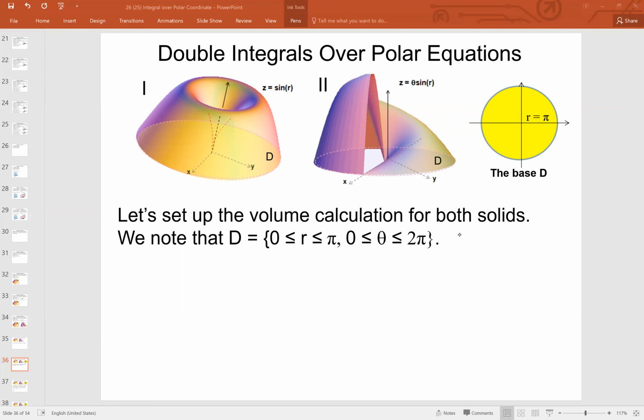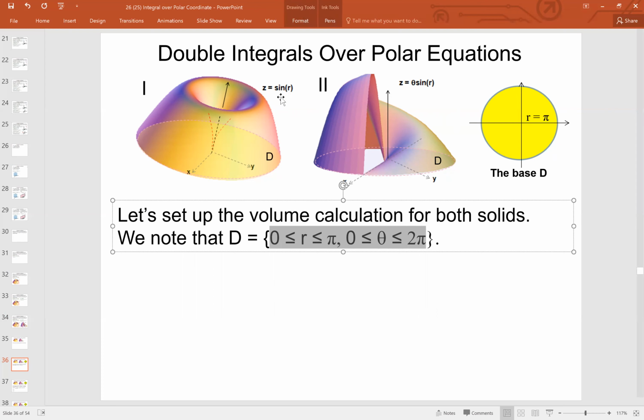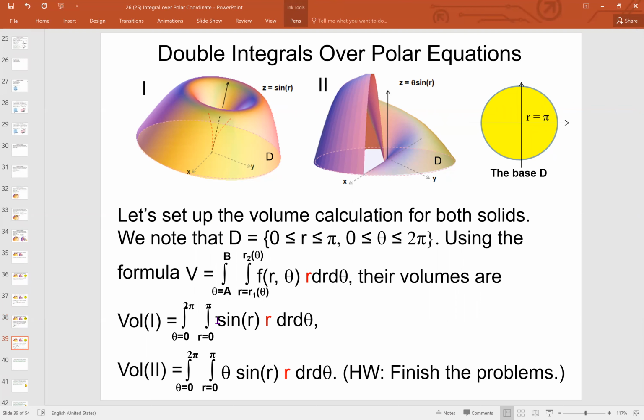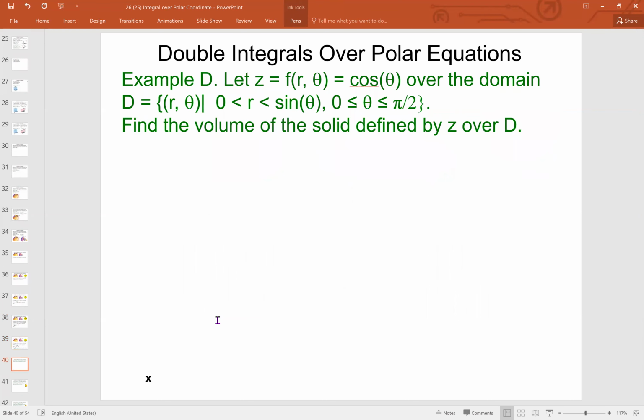And the first integral I can change into this domain, r dr d theta, so it's going to be sine of r integrated over this double integral, and you stick your sine of r in, that's what f of r, theta is right here. And so the first volume is that, and the second volume is this one. Okay. And these are straightforward calculations, pretty easy, so you can find the answer for that.